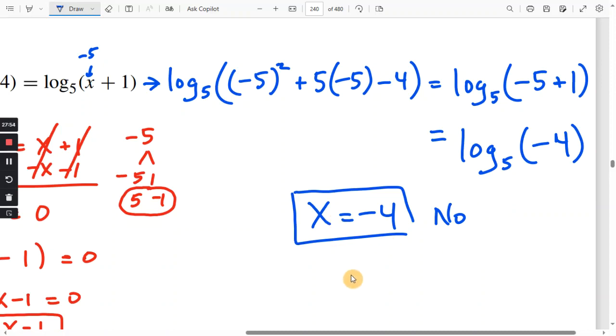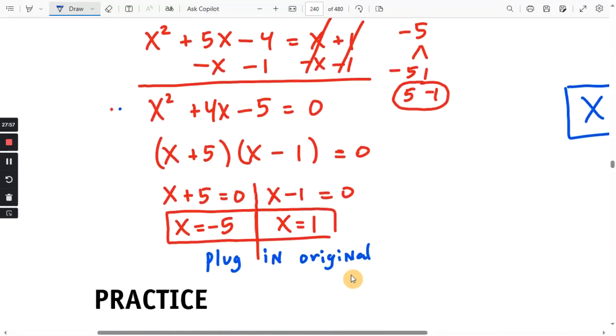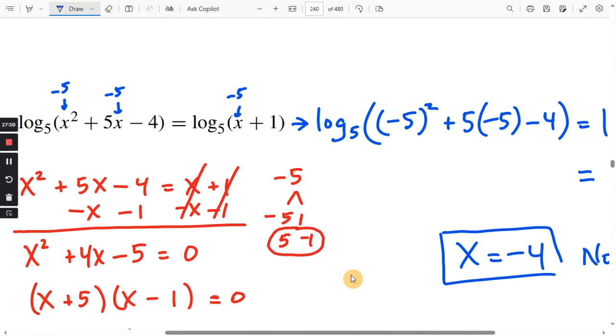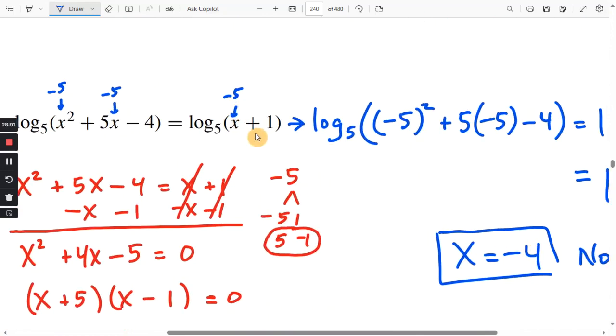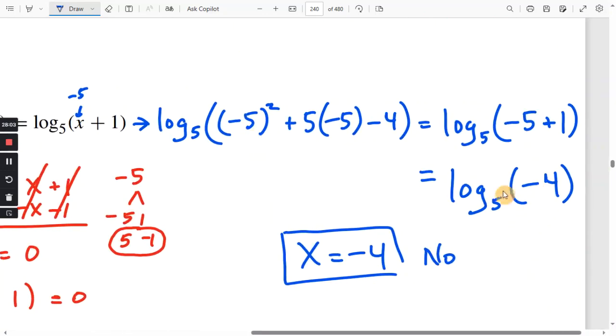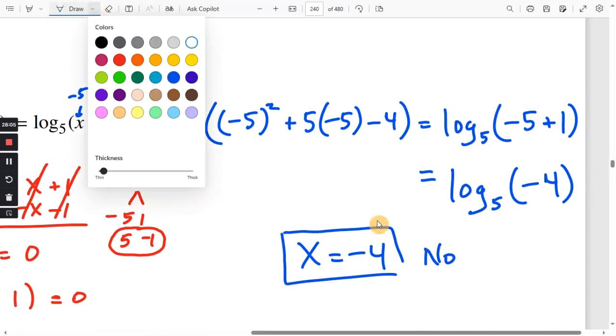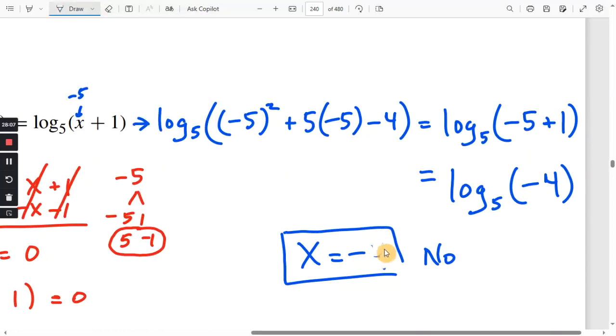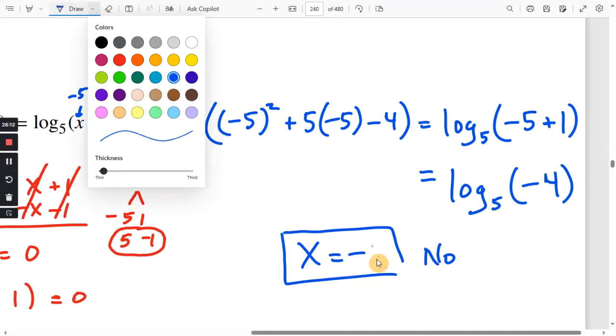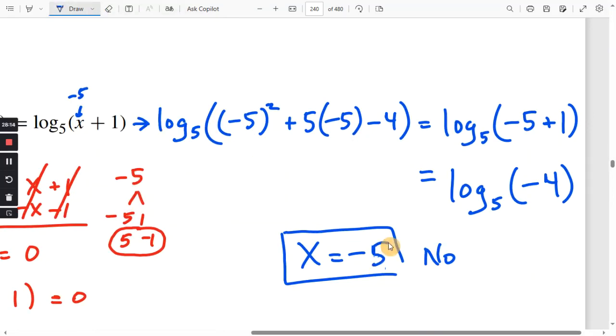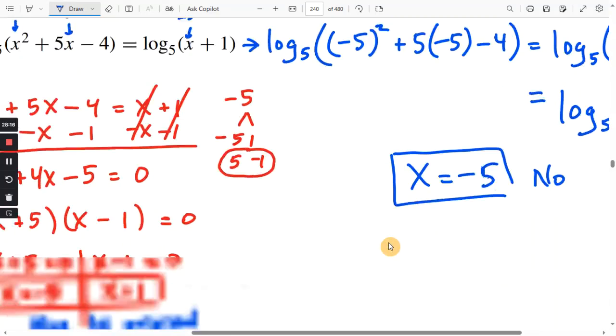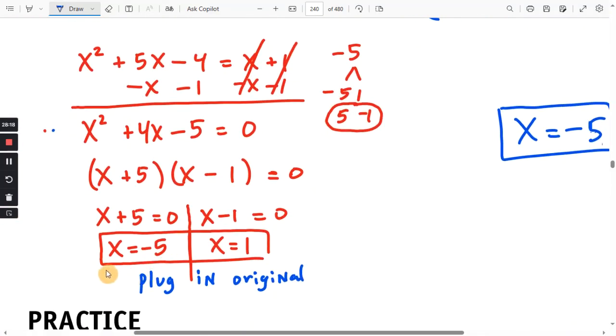I'm sorry, this was not negative 4 that I plugged in. It was negative 5. I got the log of negative 4, but the value I plugged in is negative 5, and that is the solution that failed. So for x equals negative 5, gone.